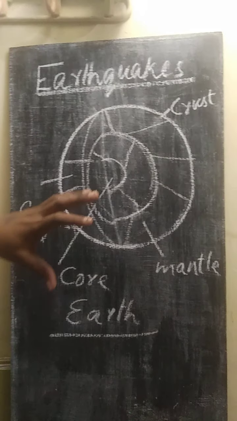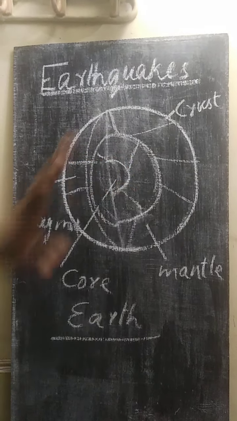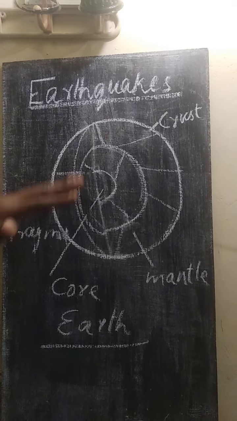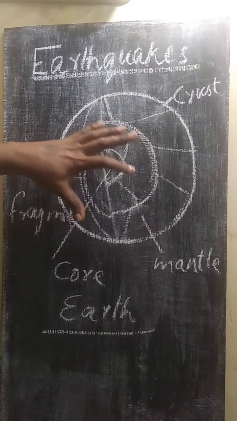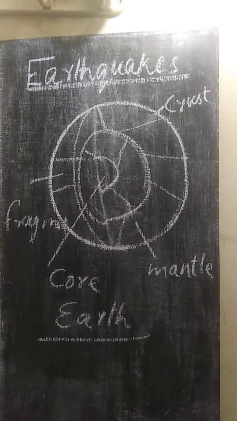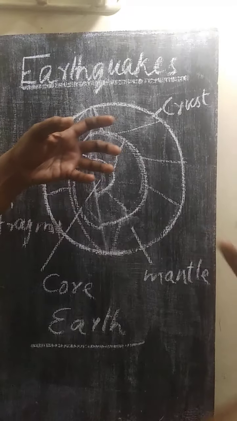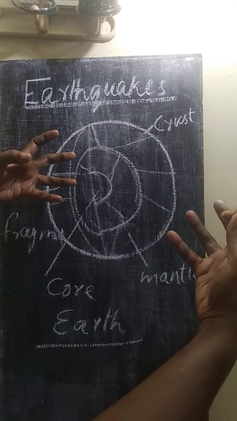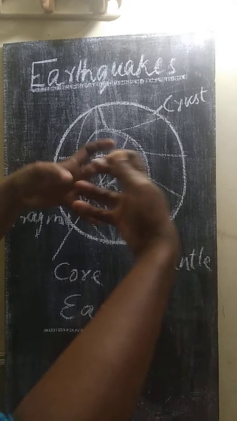Clear? And these fragments consist of some plates, and all these plates are in motion. Earth is moving, so all the time these fragments, or plates, are in motion. When the plates move, they can collide with each other, overlap each other, and rub each other.